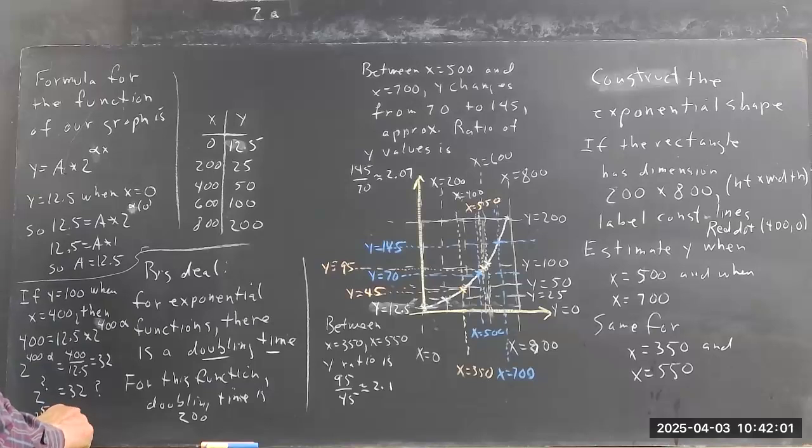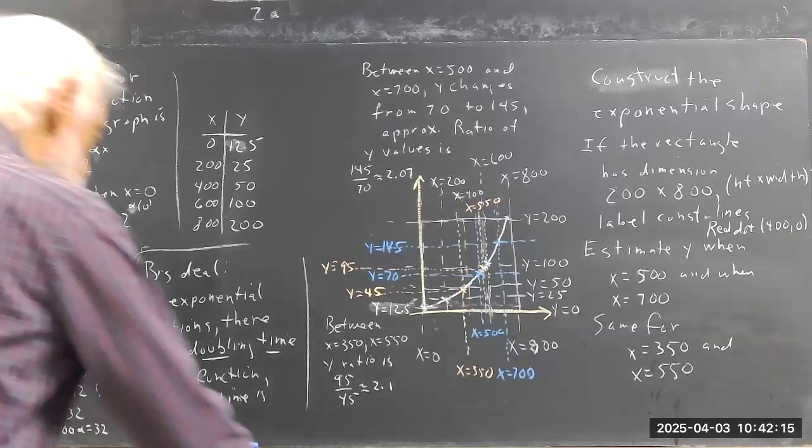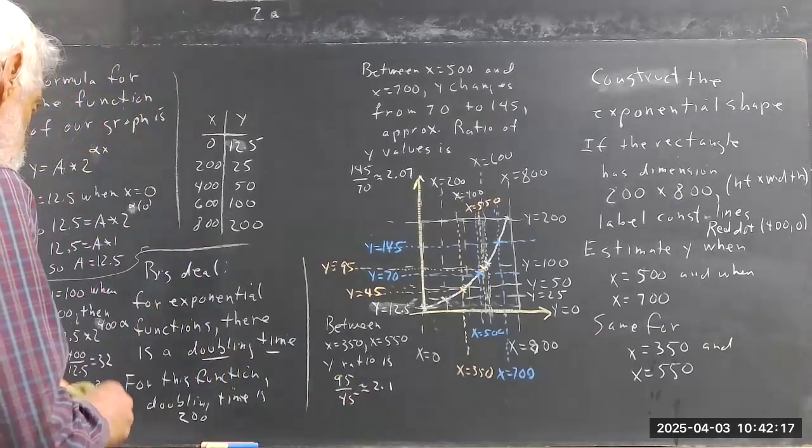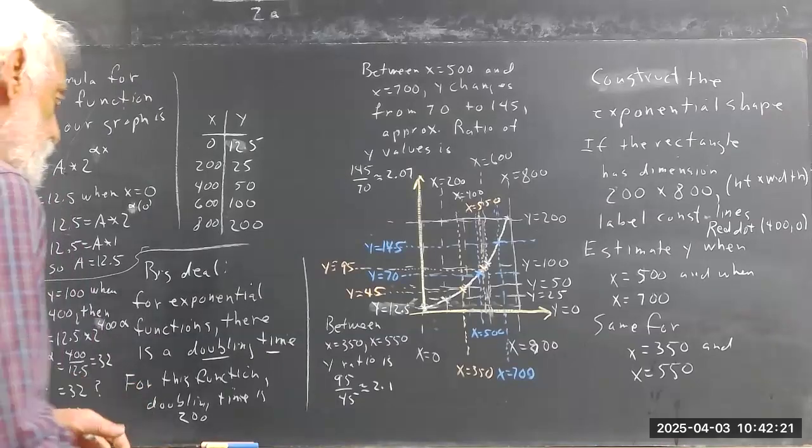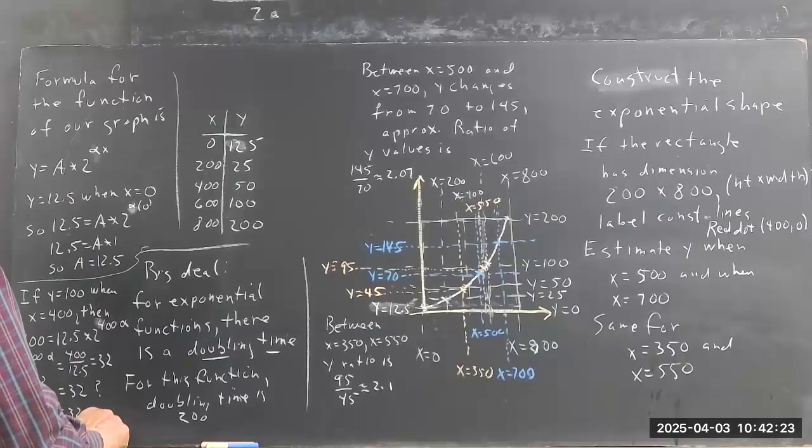So since 2 to the 400 alpha equals 32, 400 alpha must be, well, hell, you must have got out of bed the wrong way this morning, equals 5, not 32. 400 alpha equals 5.